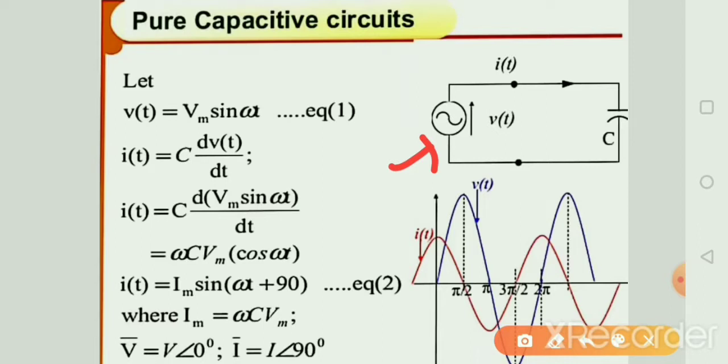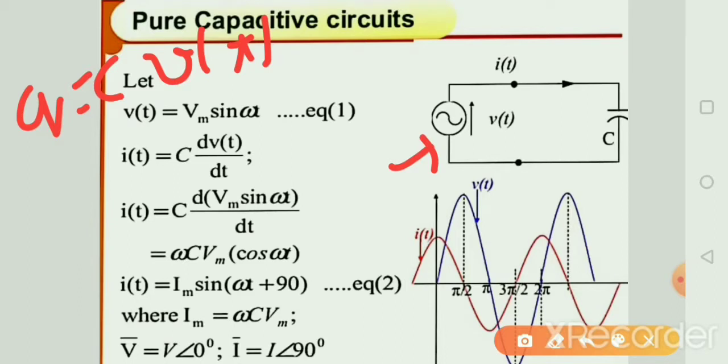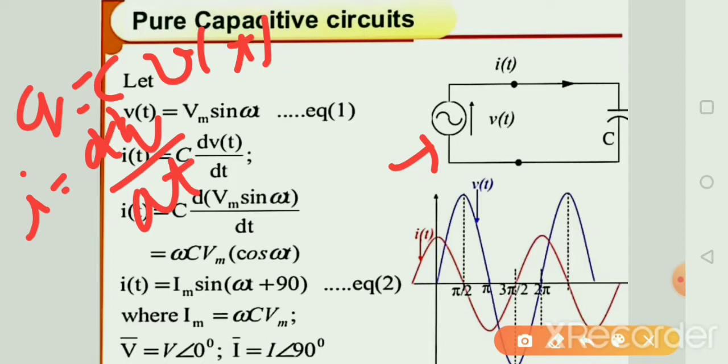Then the charge developed is Q equal to C into V. This is the charge developed, which is proportional to the applied voltage. Here C is constant, and we know that I is equal to dq over dt.